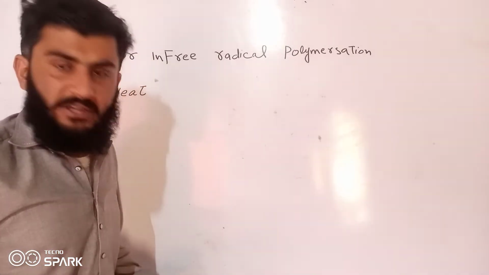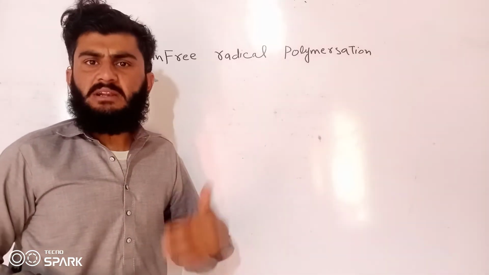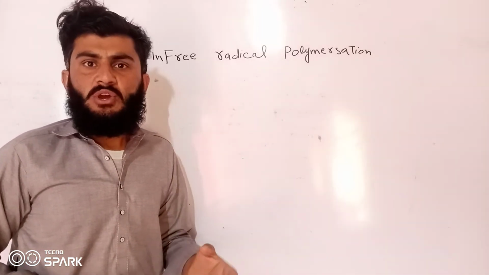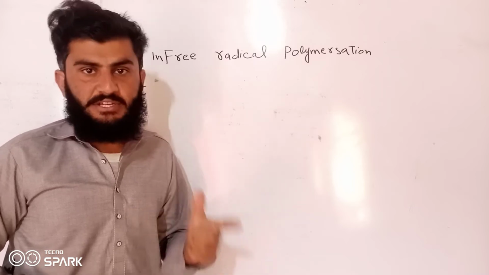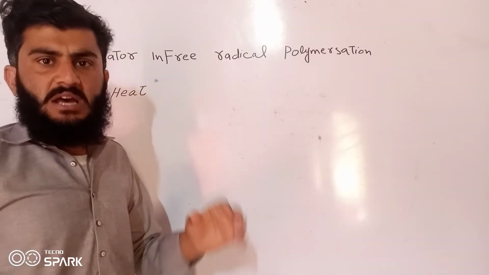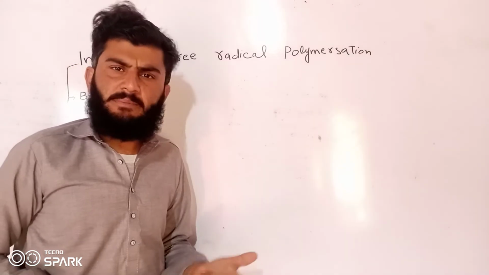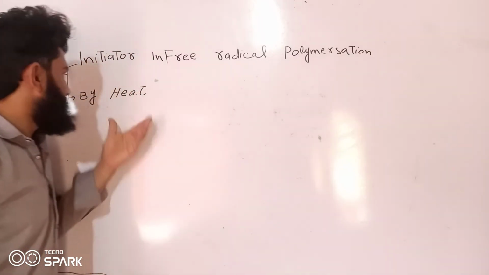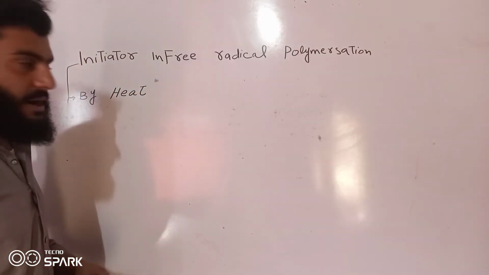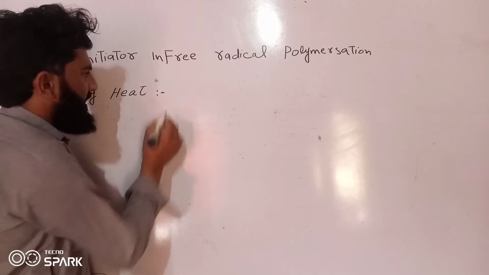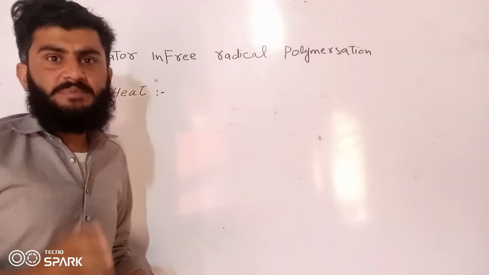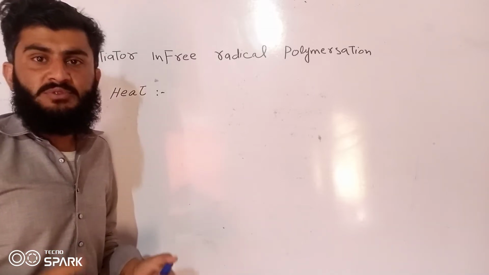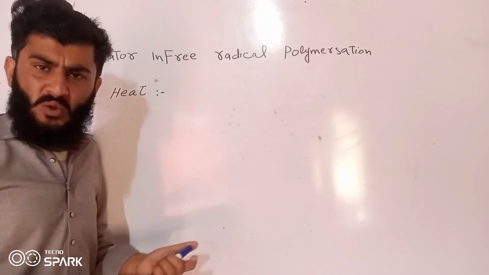So in radical addition polymerization, we should produce radical as an initiator. We can produce initiator or radical in many ways. The first one is by heat.